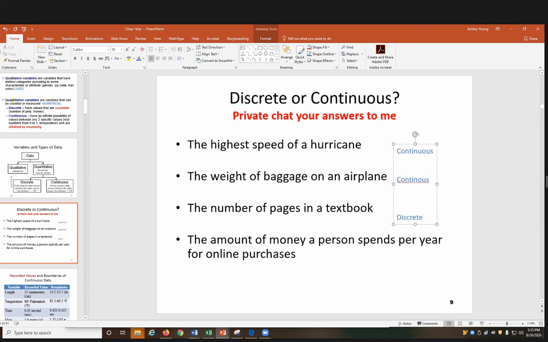And the last one, think about the amount of money a person spends each year on online purchases. So chat to me whether it's discrete or continuous. Do you count money or do you measure money? That's the question.